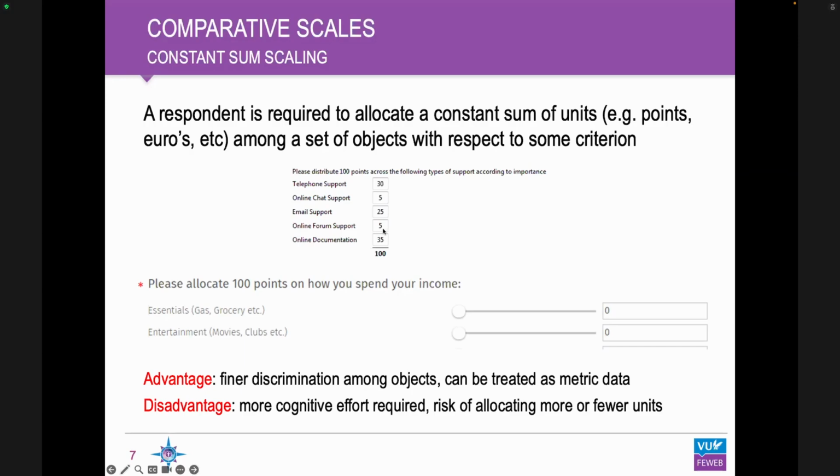So in some cases, there could also be an absolute 0, for instance, if you are distributing euros among this. The disadvantage is that, of course, the respondents need more cognitive effort because you really need to think about where I'm ranking this, but how much more important, for instance, is telephone support to me than online chat support in a very granular way.